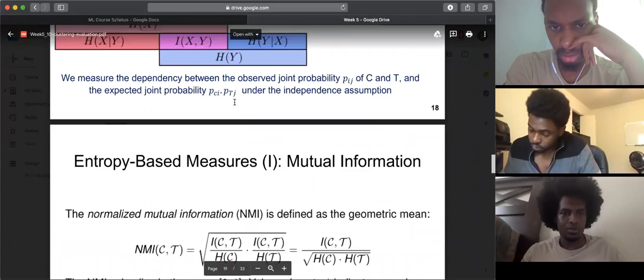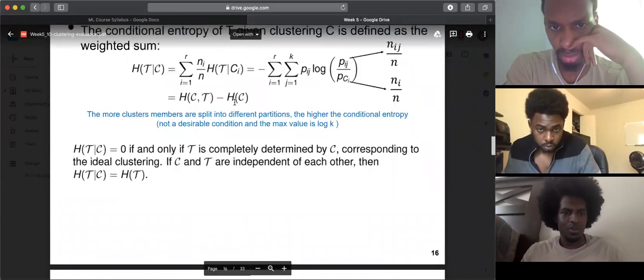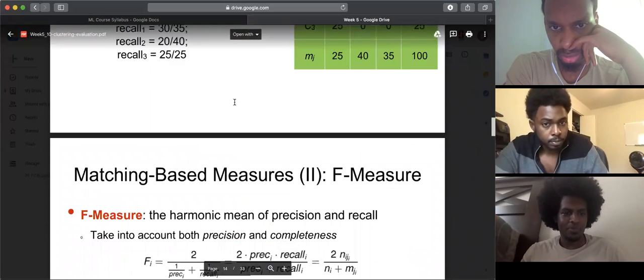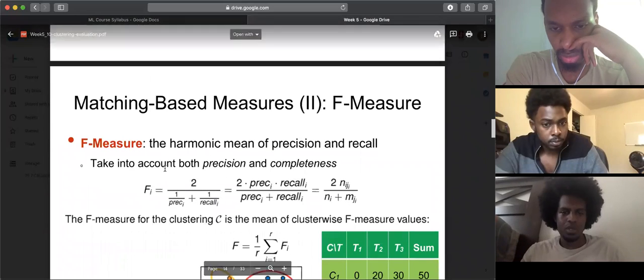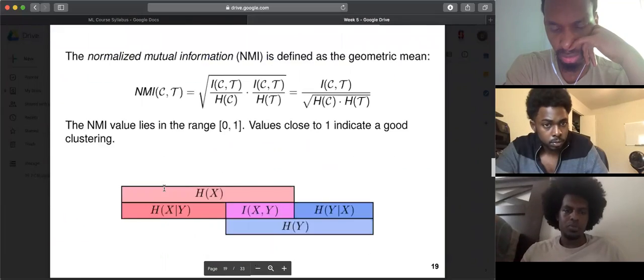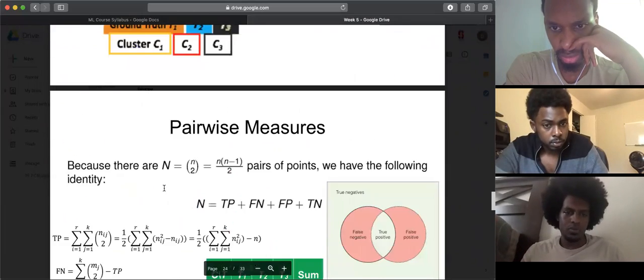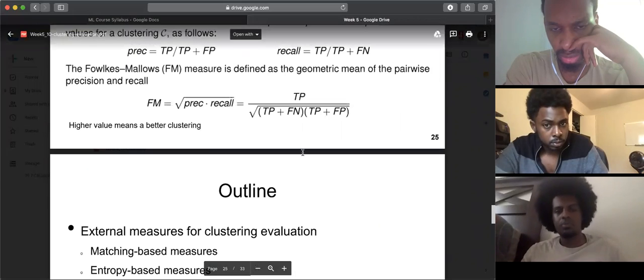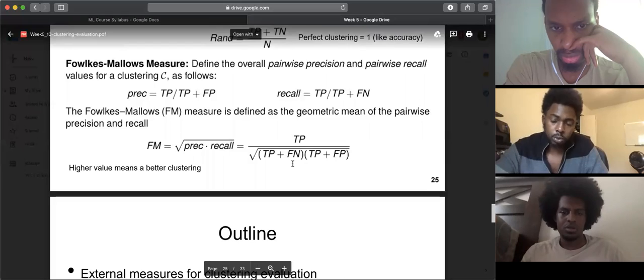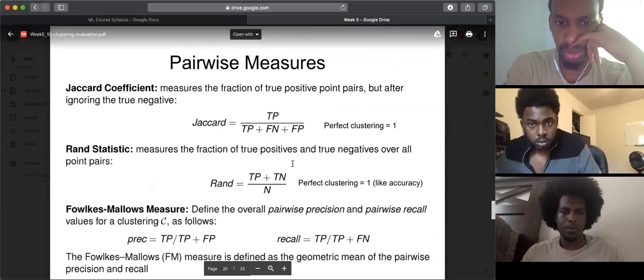Oh, we might have to go way up. Okay, this one. Yeah, so it's effectively doing the F measure, right? Yeah, so this all makes sense. Can you scroll up a little bit more? Yeah. Okay, thank you.